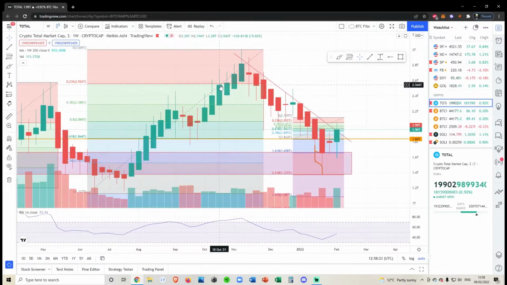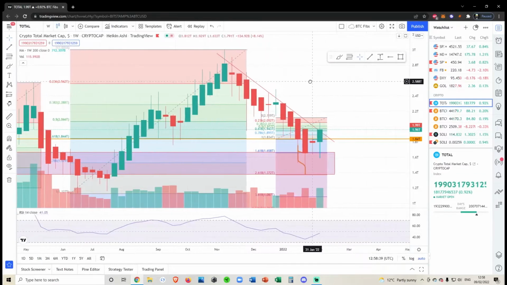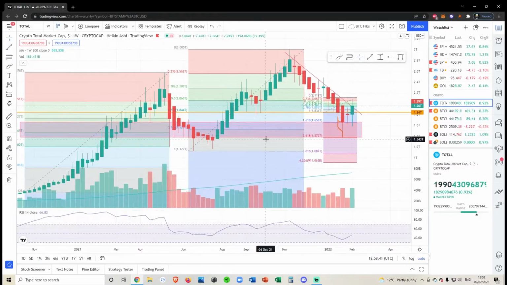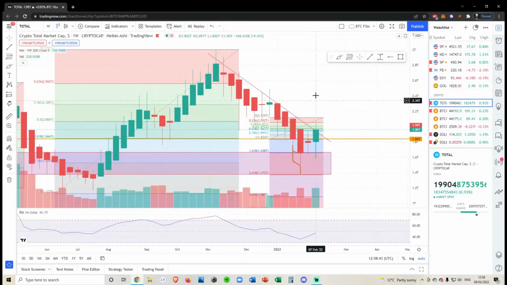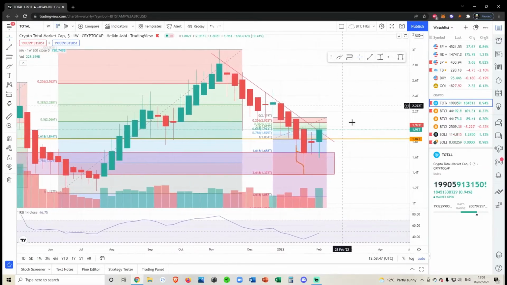You can see this big green box here is the candle body, and we opened halfway through the candle on this move. On this candle body here in the next move, we opened halfway through the previous one. So we basically opened halfway through the previous candle body. Now you can look at this on any time frame, but it is best to come out to the monthly or the weekly. So I'm going to be talking about the weekly for this video.